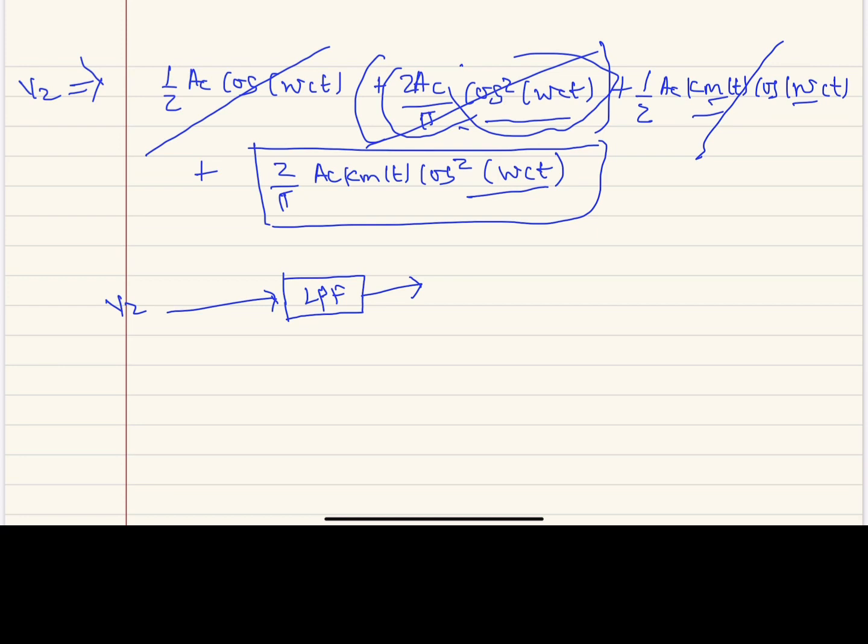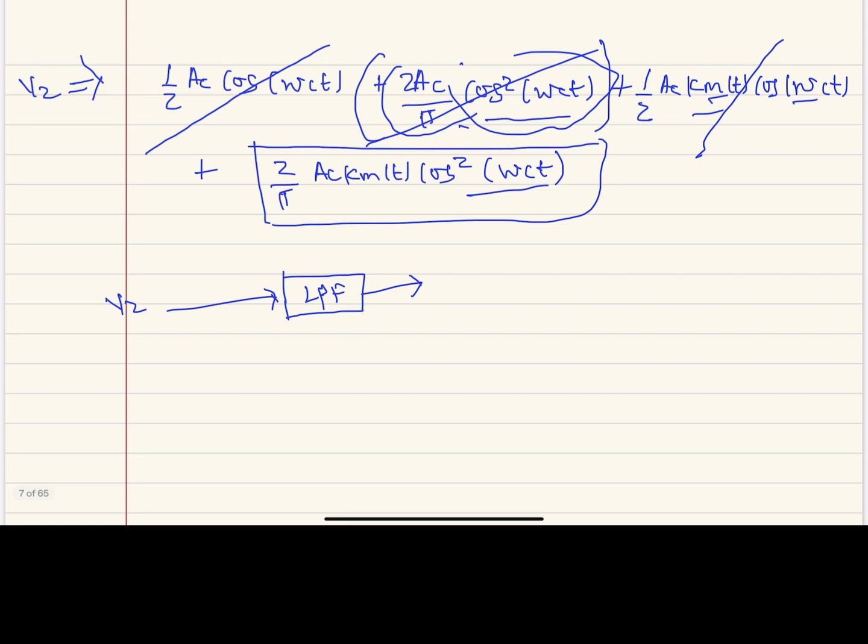And therefore, at the end of the day, we are going to get our output, let's say V out of the signal, to be 2 over pi A_C k m(t) cos squared omega_c t, which is the V out. When you get it like this, we can use the trigonometric identity to help us get the constants and the other counterparts.